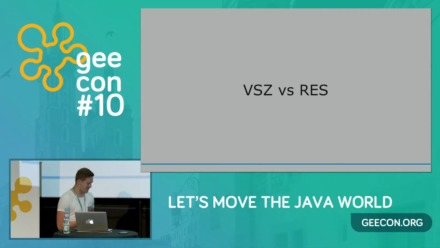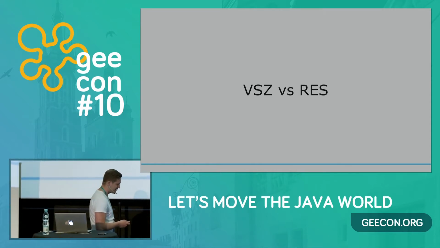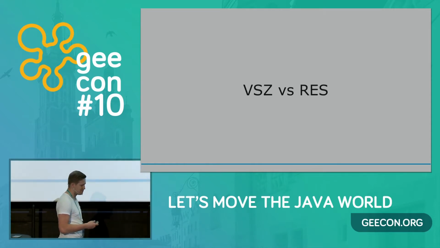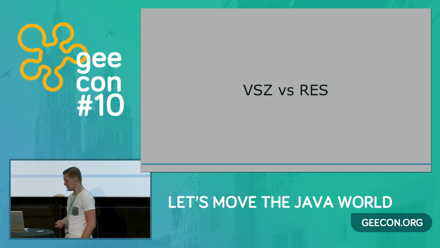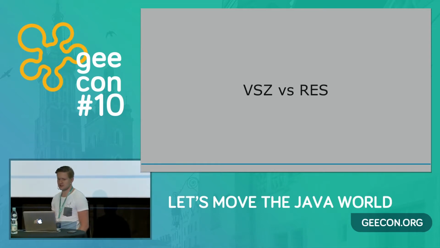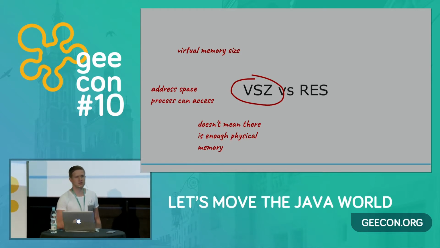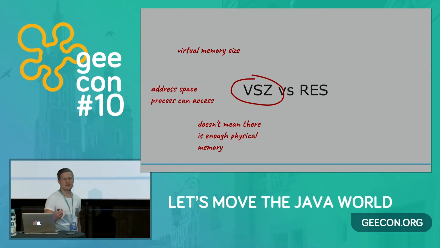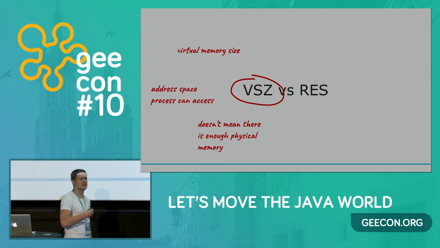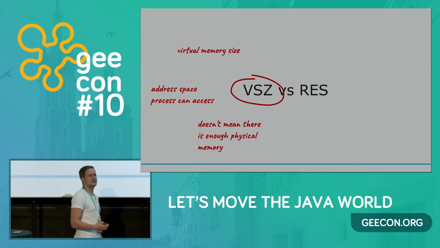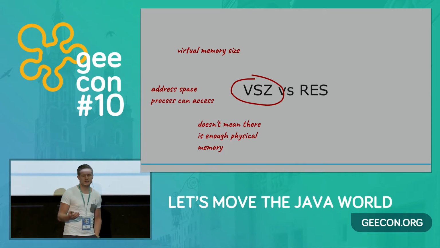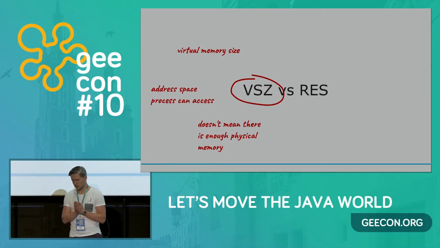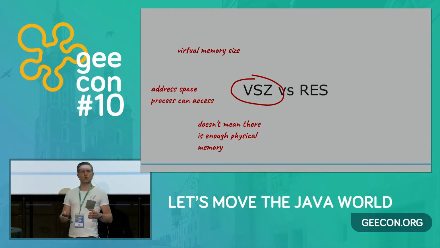What happens here is that there are two kinds of metrics by which you can measure the amount of memory you're using. These are called virtual size and resident size. Virtual size is the virtual memory size. It's not real. It's an address space that your process has access to, but unless you're actually going to do something with it, it doesn't have to exist in the physical world.